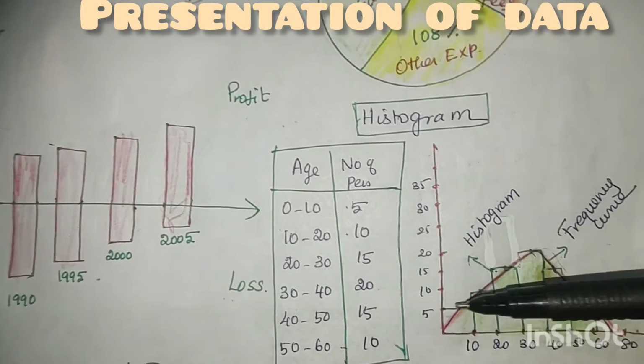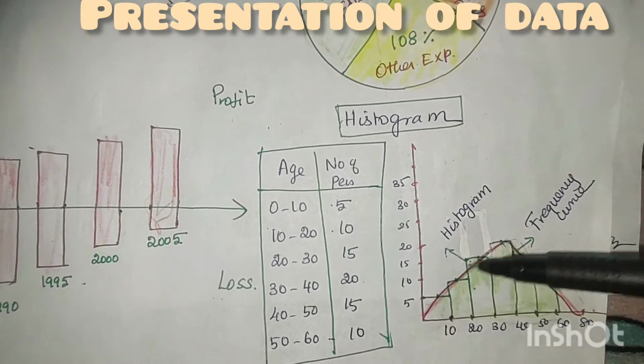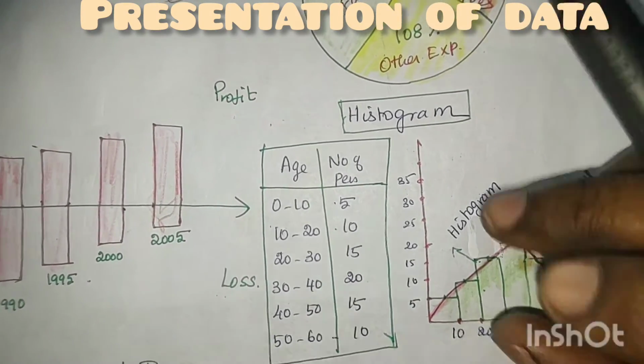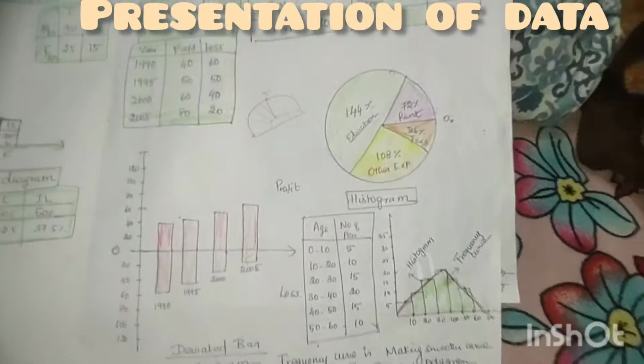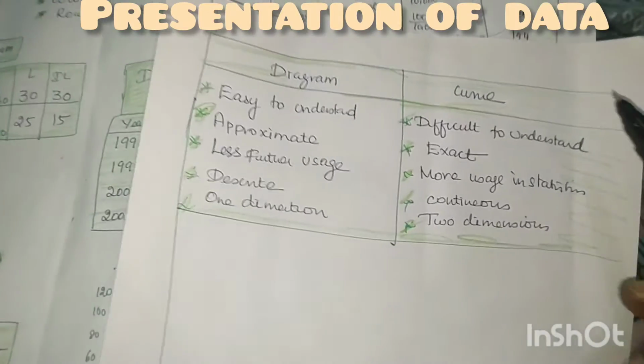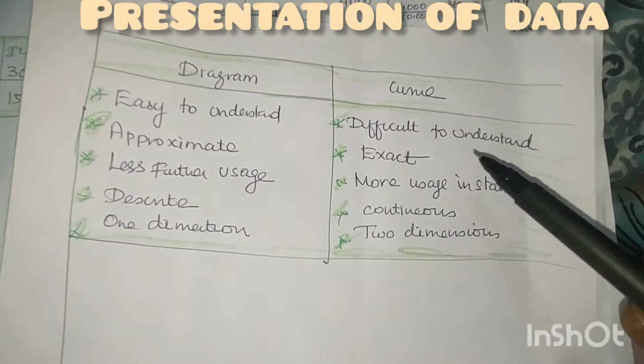Then in the frequency polygon, you draw a smooth curve and remove all these things, which is called the frequency curve.